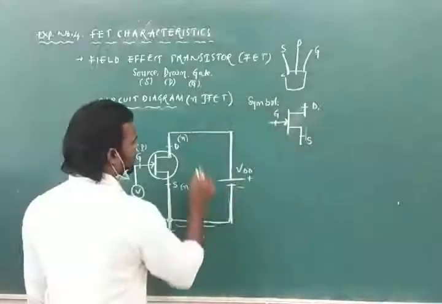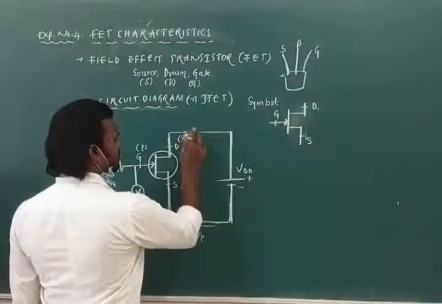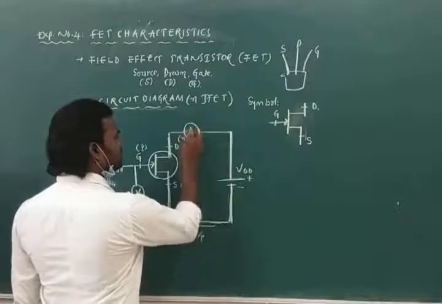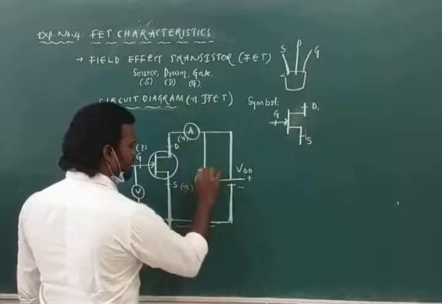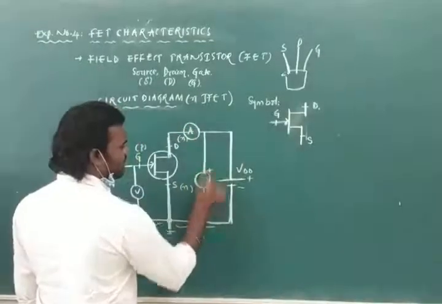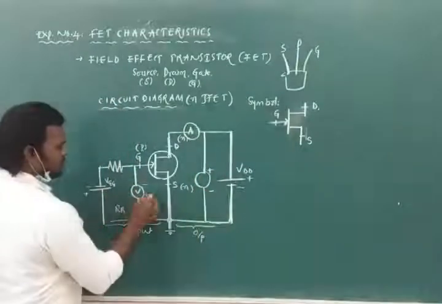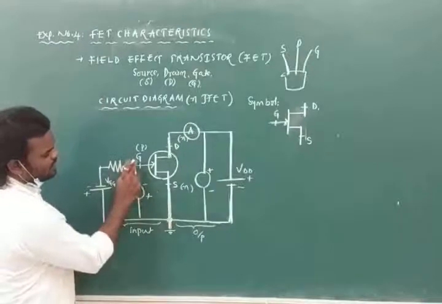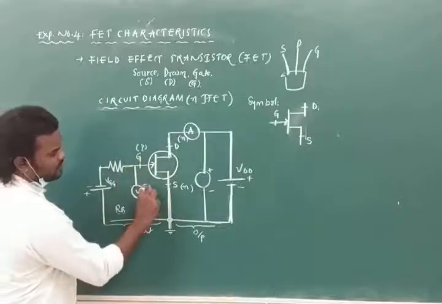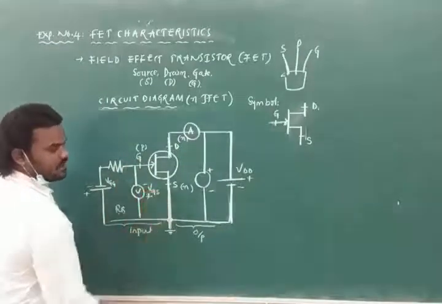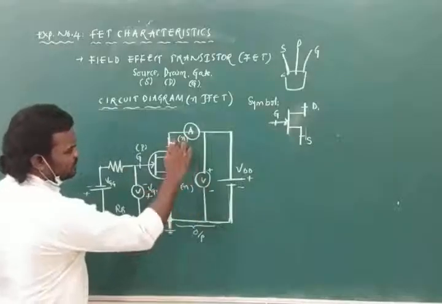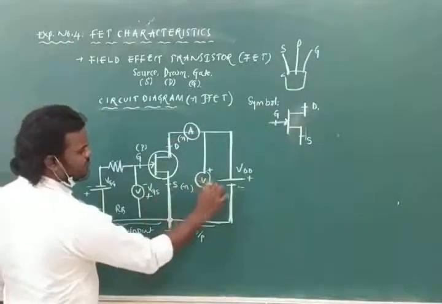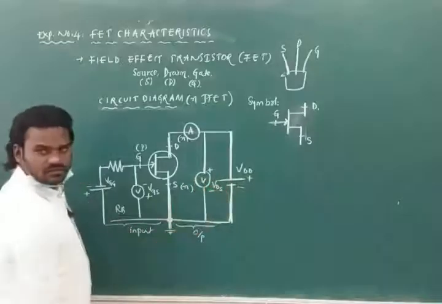On the output side we have the ammeter in series with the drain, and the voltmeter must be connected in parallel, plus minus and here minus plus. This voltmeter is connected between the two terminals, gate and source, so we call it VGS. This voltmeter is connected between drain and source, so it is called VDS.